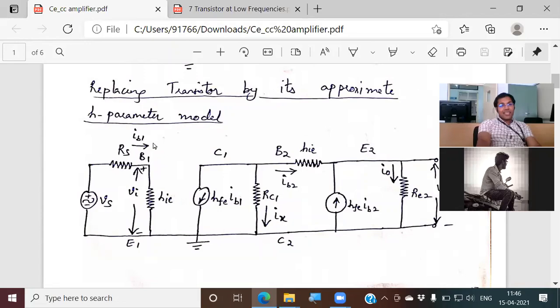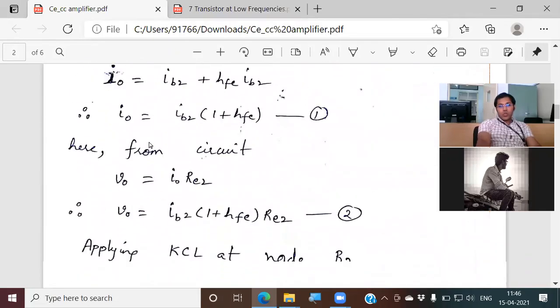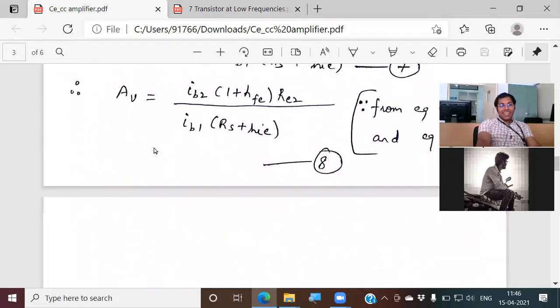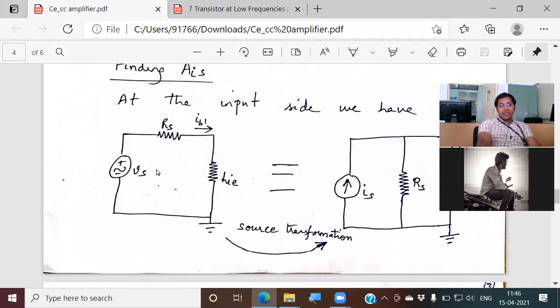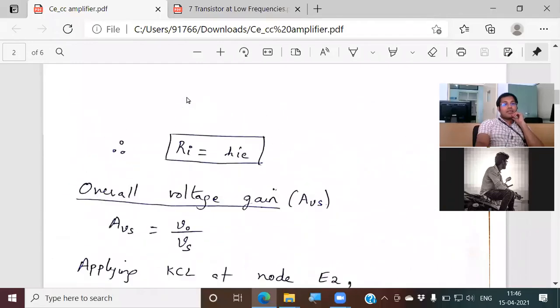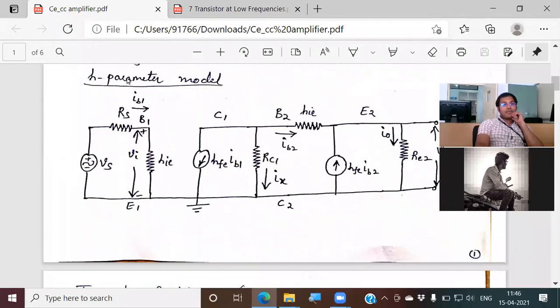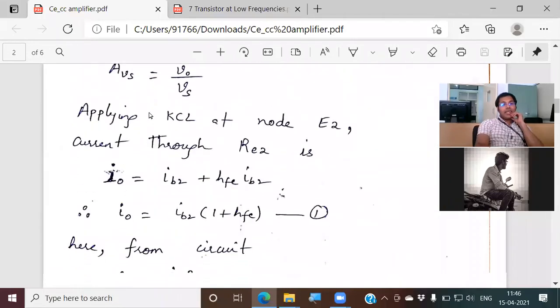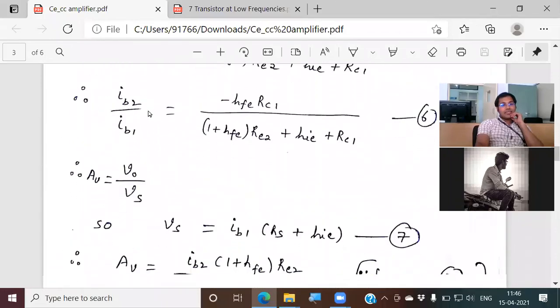Current flowing through Hie is IB1. So I am taking that circuit again, only this part, as it is.